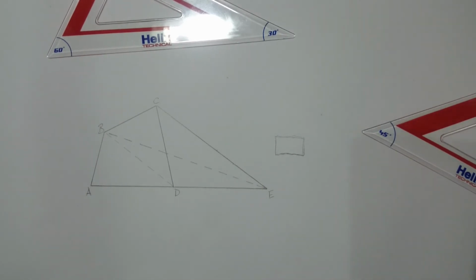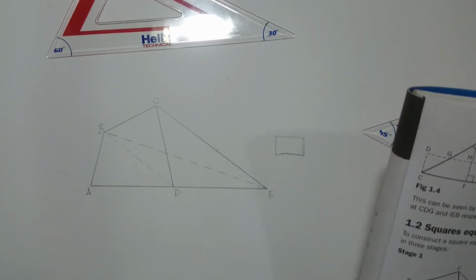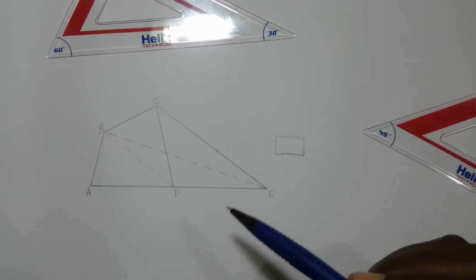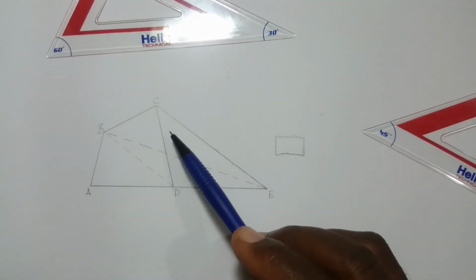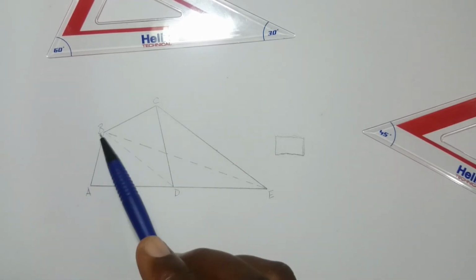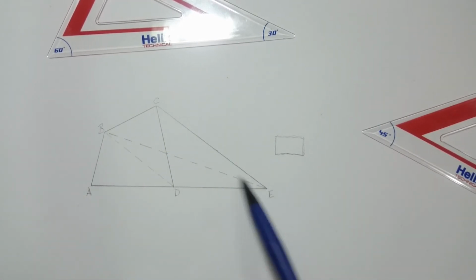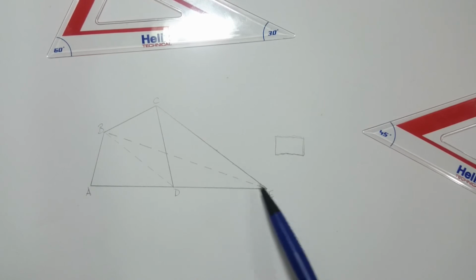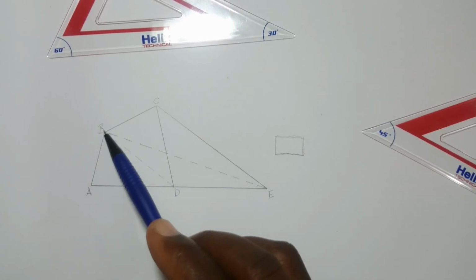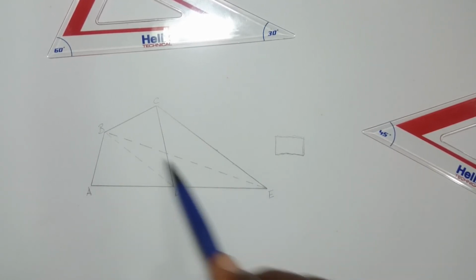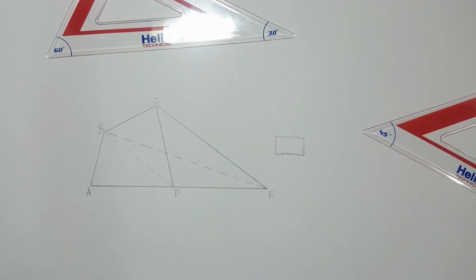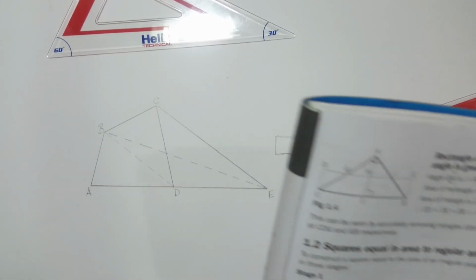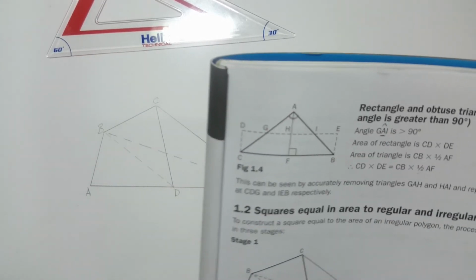All right, so we have created 2 triangles. If you can see, one is right here and the other one is up here. So 1, 2, 3, this is the triangle right here, and 1, 2, 3. So we created 2 triangles from the previous irregular polygon.